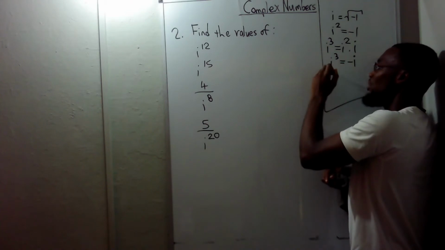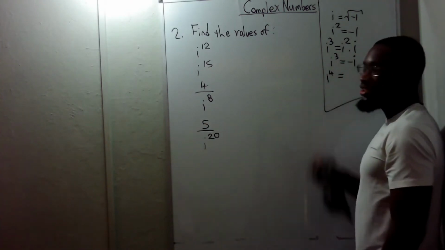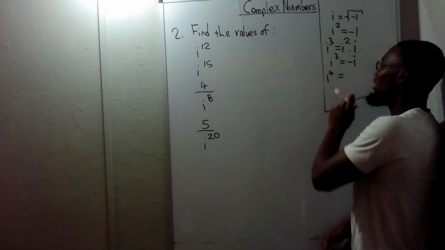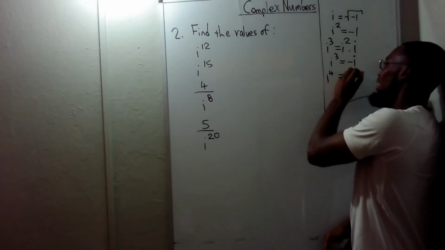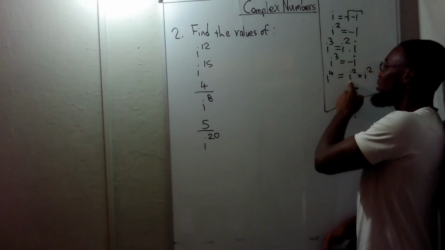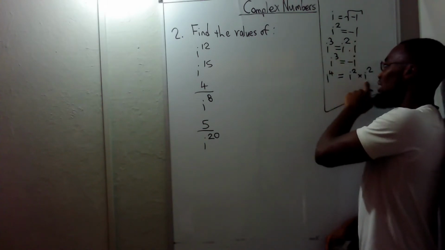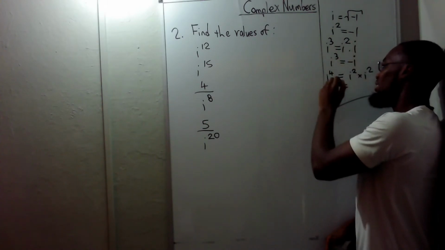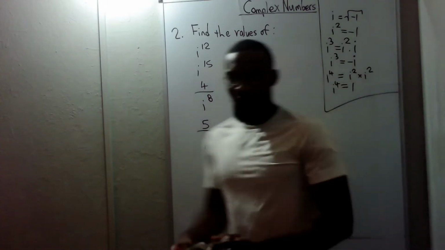And then i to the 4 is i squared times i squared, but i squared is -1, and -1 times -1 is 1. So i to the 4 is 1.